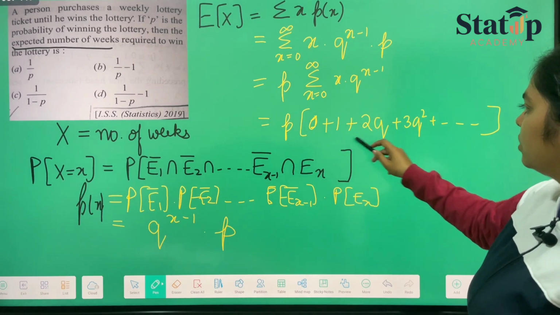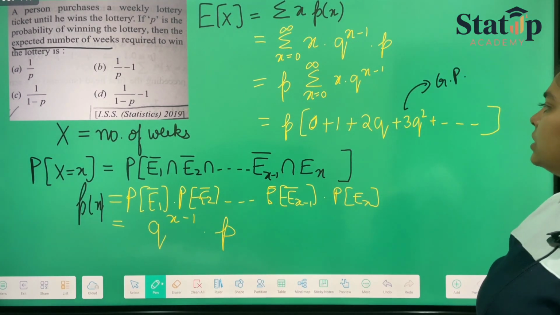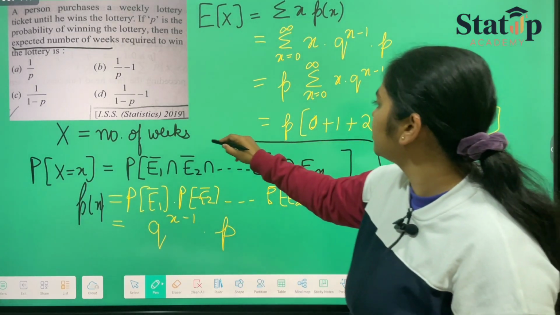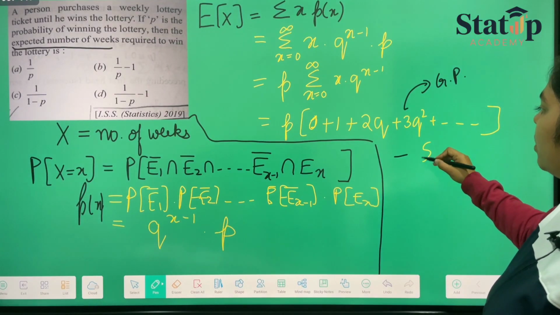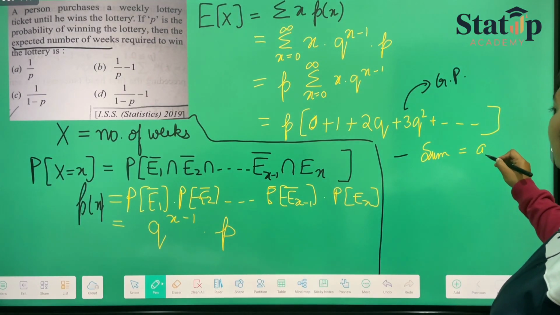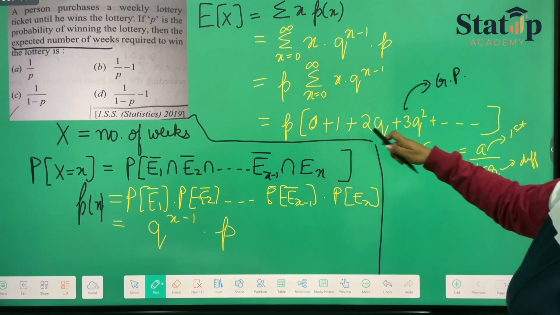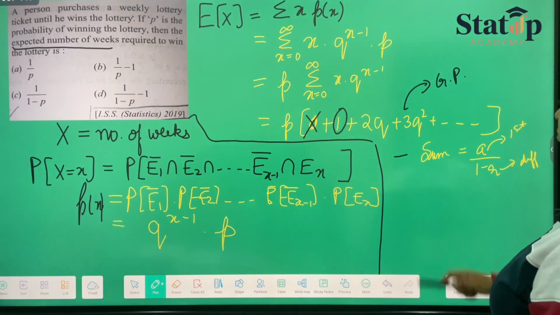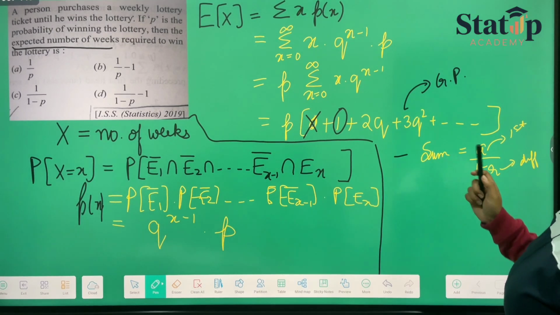As we observe this, this is nothing but a geometric progression series. The sum of a geometric progression series is a upon 1 minus r, where a is the first term and r is the common ratio. Since 0 is not considered as the first term, the first term will be 1, and the ratio you can see will be q.